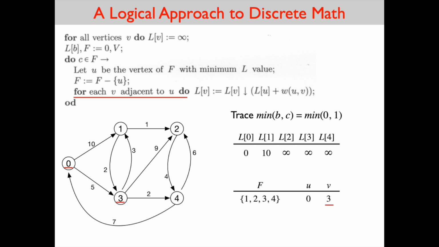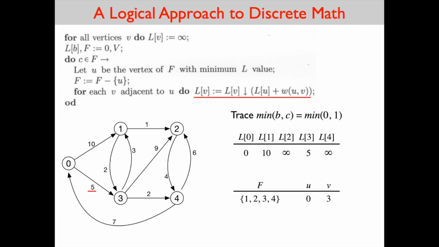What's the value of v? That's 3. So L sub 3 is going to change. What's the current value of L sub 3? It's infinity. So what is the minimum of infinity and 0 plus 5? The answer is 5, and consequently L sub 3 gets 5.